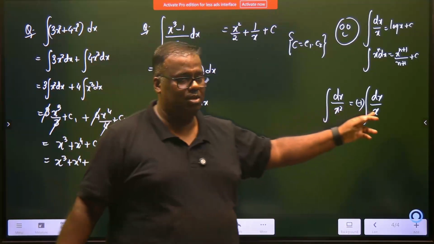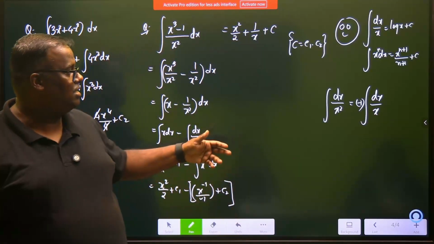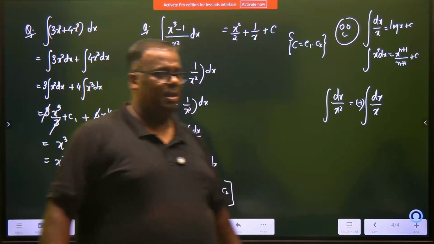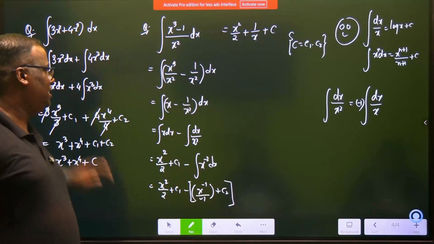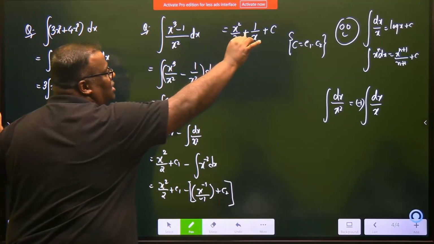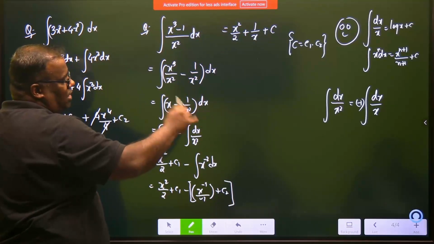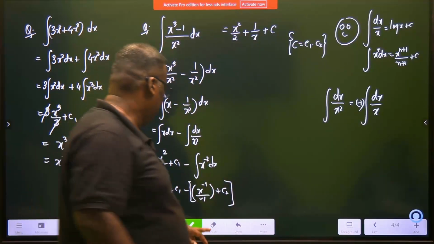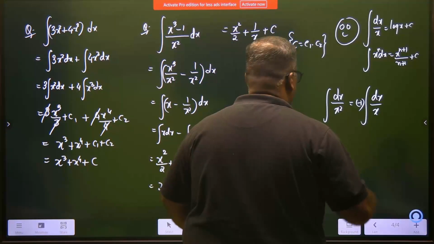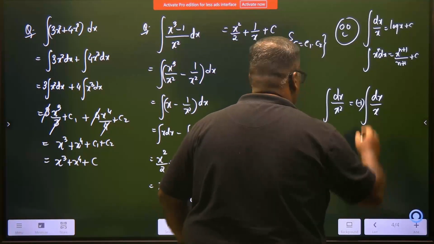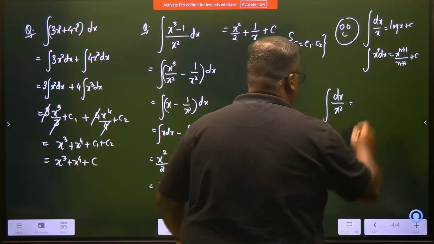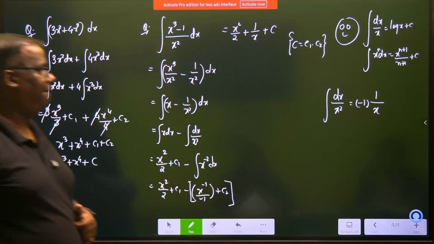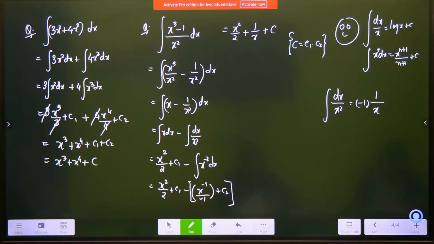So in later stages, you need not break up so much. From here, you can straight away write this. Did it get clear or not? See, here we had a minus, so the final sign changed to plus. But otherwise, dx by x square is always equal to minus 1 by x. Sorry, the integral sign won't be there. It will be minus 1 by x. Okay? Clear?